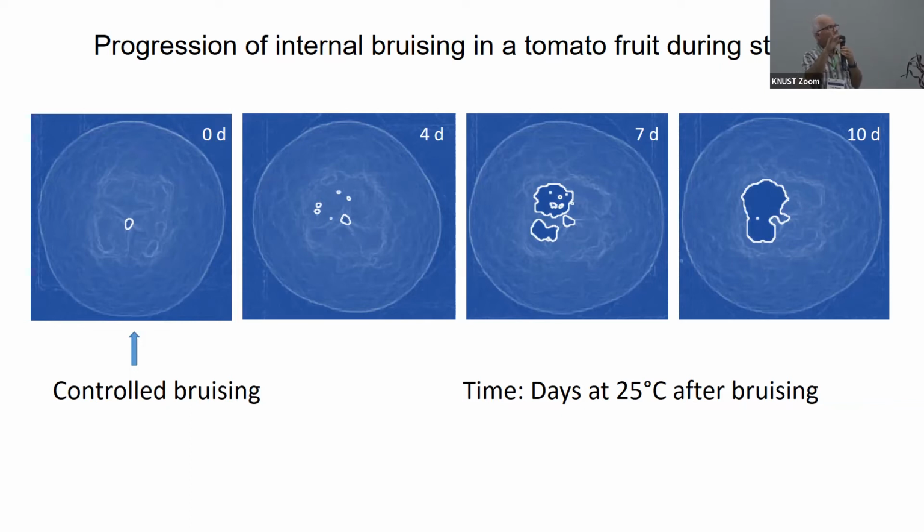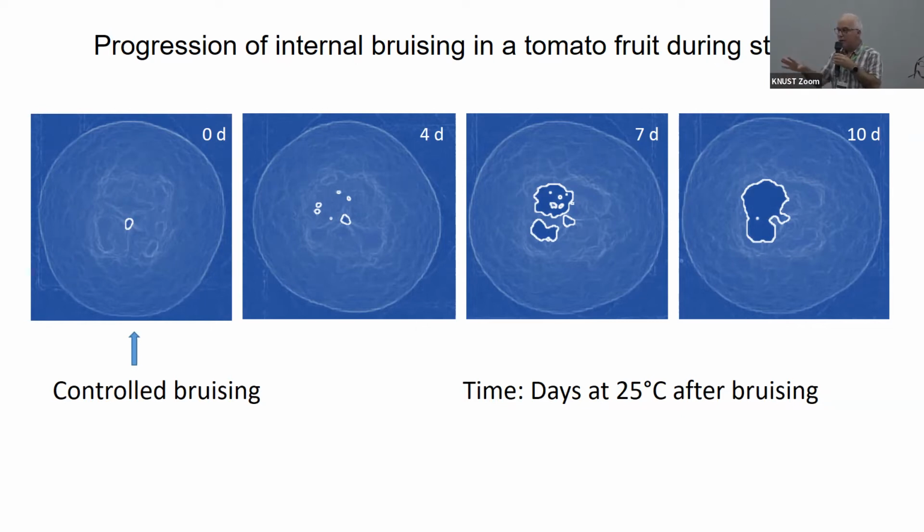And you can see this white square in the middle of the tomato. And this is the initial stage of the tomato. You don't see any external symptoms. But once you go 4 days and then 7 days and then 10 days, you see development of spots on the tomato.